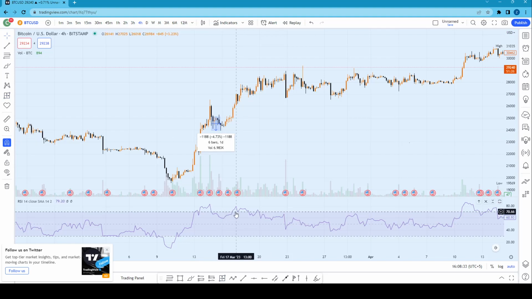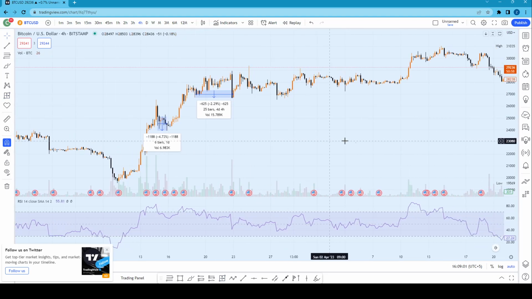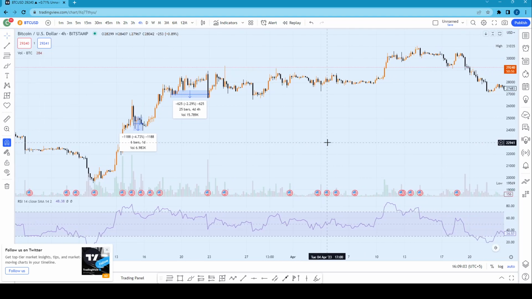Then it went above 70 again, and here it went below 70 again, so you could have sold here again and made some gains, 1 to 2%, but again it went above and then came down. That is why I'm saying you don't just use RSI for trading purposes; you use it for confirmation.